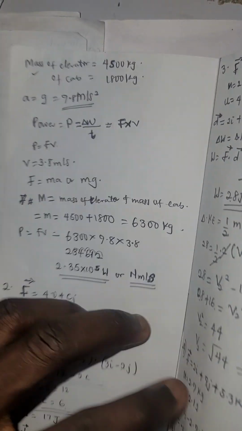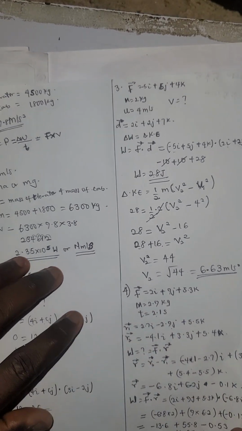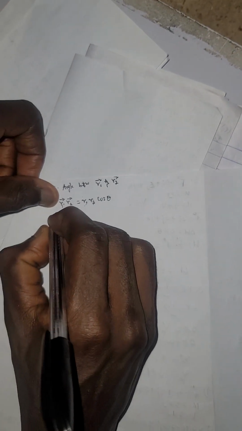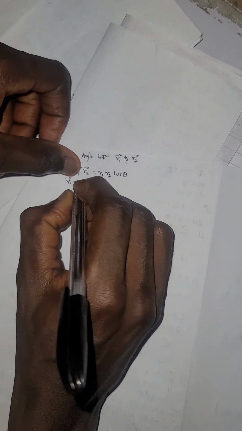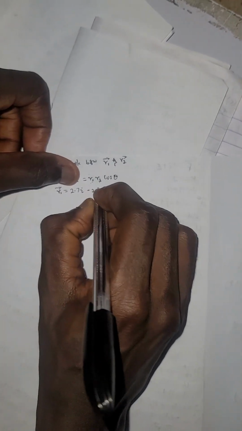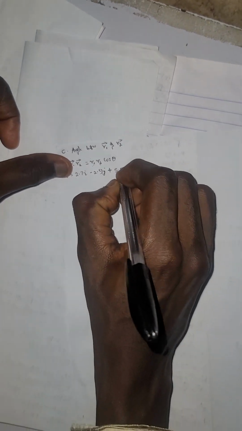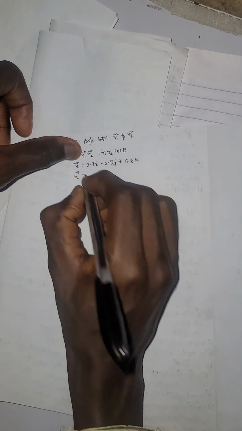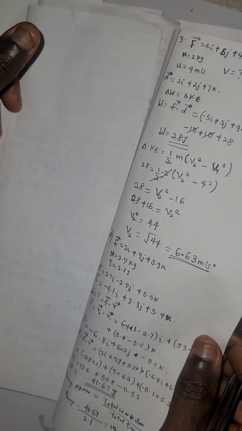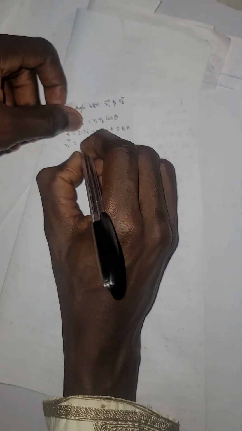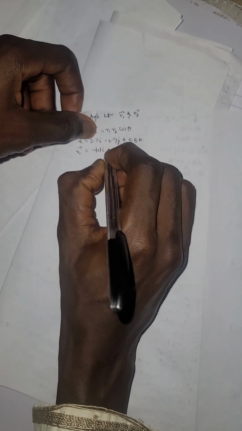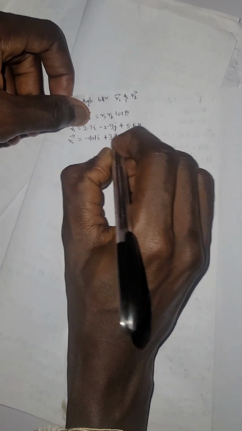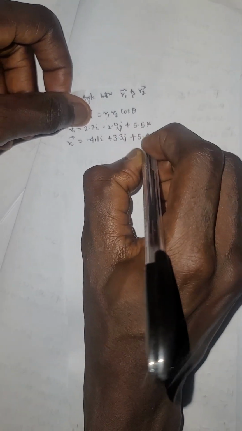let's go back to the question. Our vector R1 is 2.7i minus 2.9j plus 5.5k, and our R2 will be minus 4.1i plus 3.3j plus 5.4k.